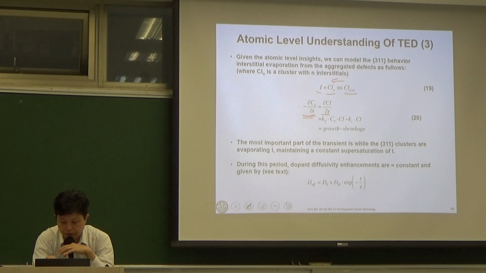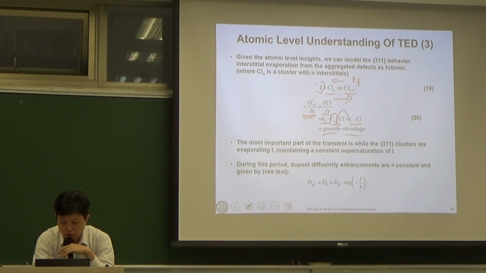When we talk about this cluster increase, we can write two components: one is the cluster growth, one is the cluster shrink. Cluster growth is to go to the right hand side, so we will have this Kf, the forming constant, with this CI, the concentration of this I, and the concentration of this cluster.